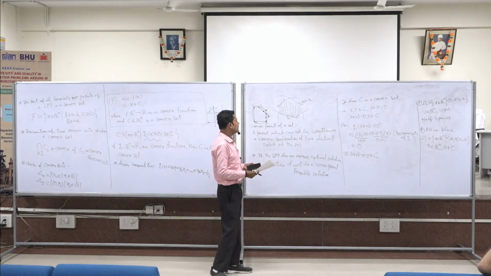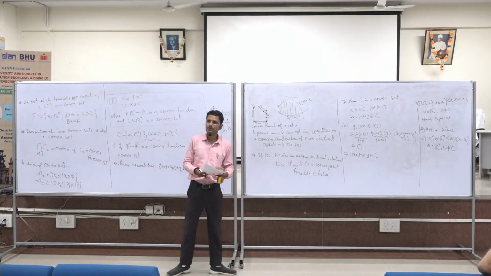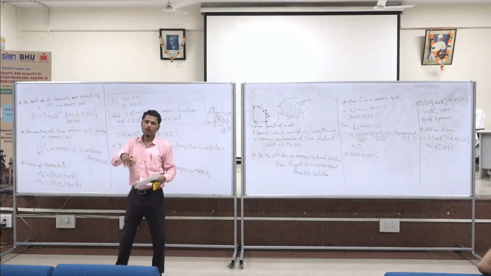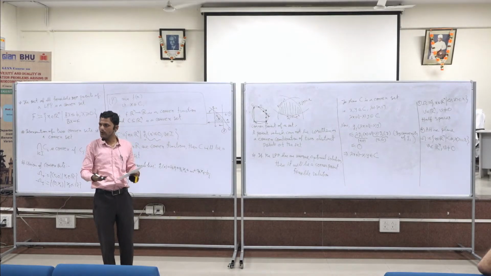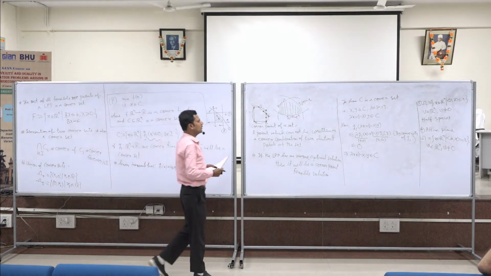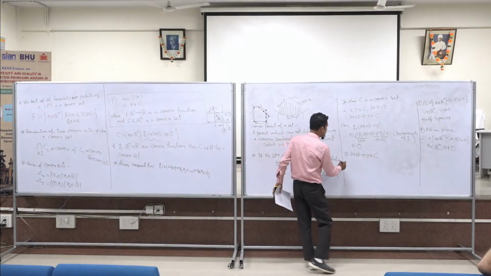For example, if we have a quasi-convex function, the lower level set will always be convex. So that is another example of a convex set.